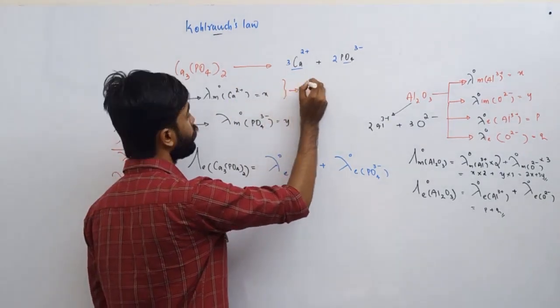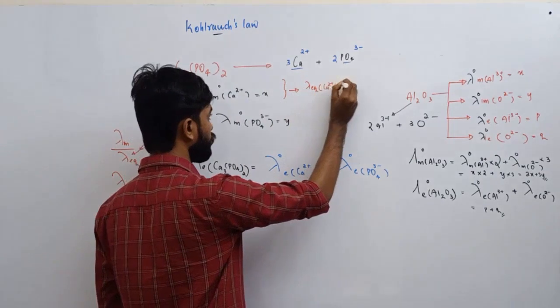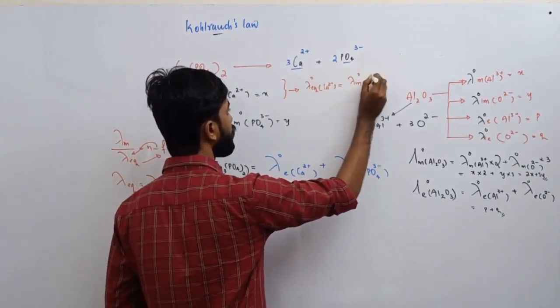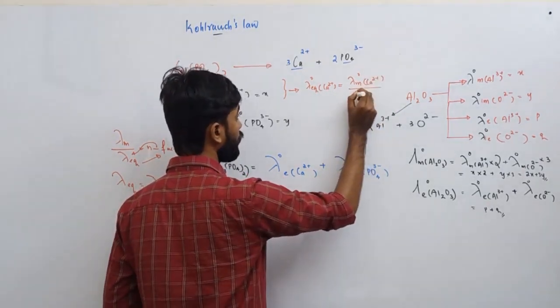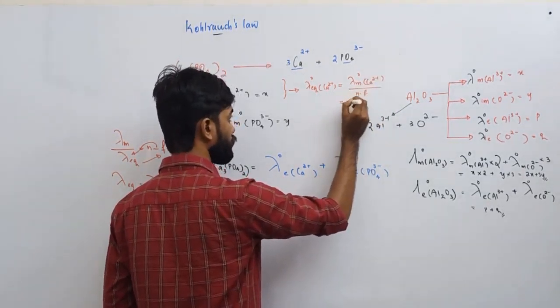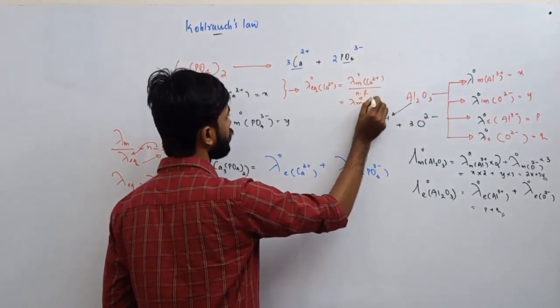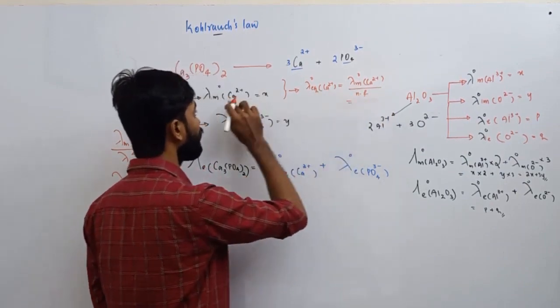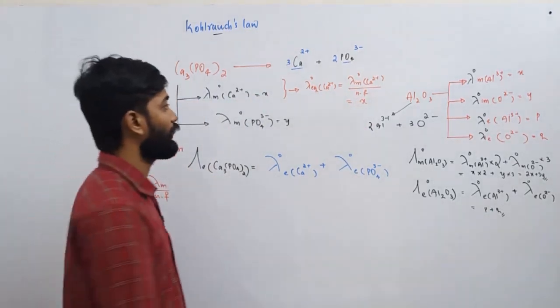So limiting equivalent conductivity of Ca2+ is equal to limiting molar conductivity of Ca2+ divided by n factor. Now the value is given, right? Yeah, the value is given in the question as x.